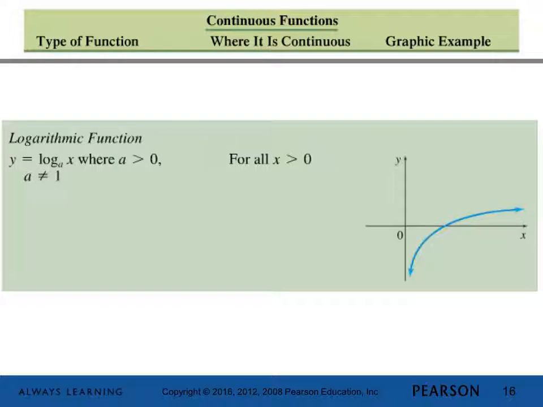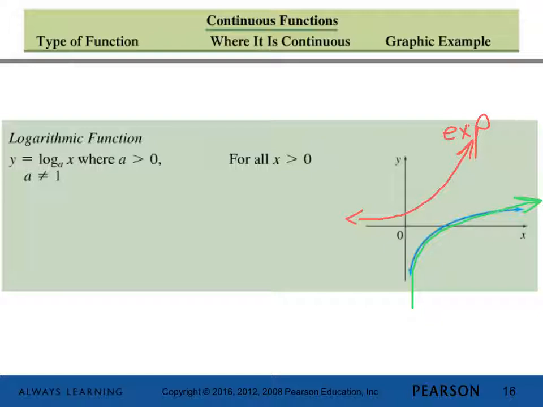Now the logarithmic function. Remember the exponential, and this was an exponential growth function, by the way, looks like that. Notice that your logarithmic function, on the other hand, comes up from the bottom and increases without bound as x gets bigger.